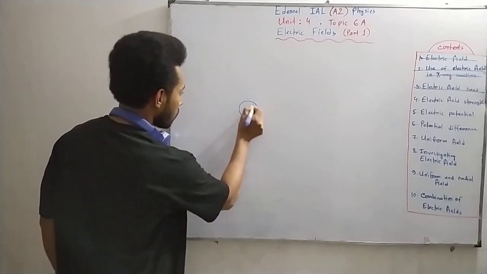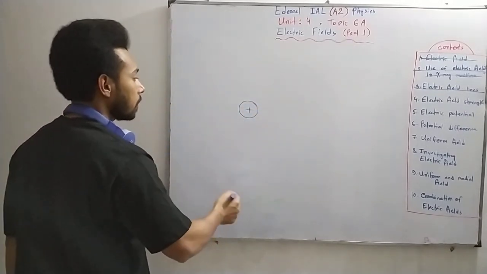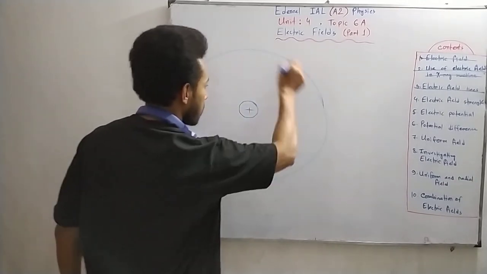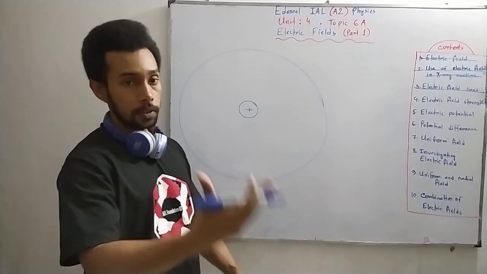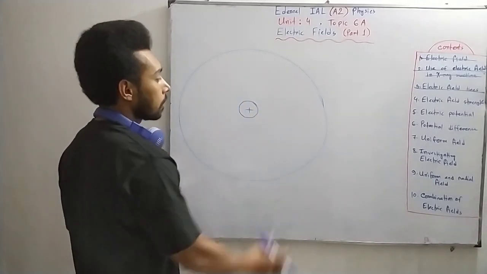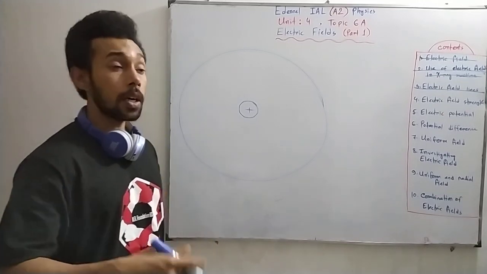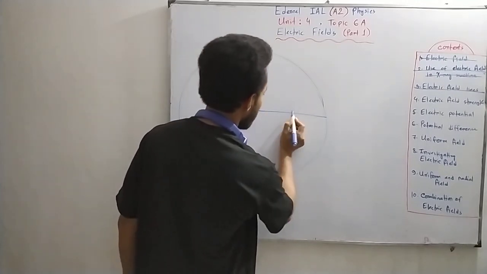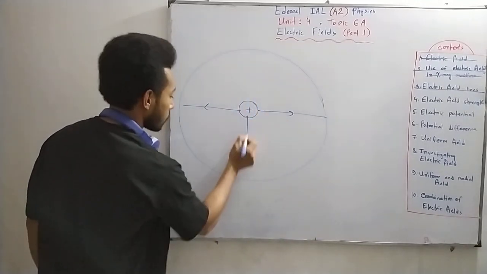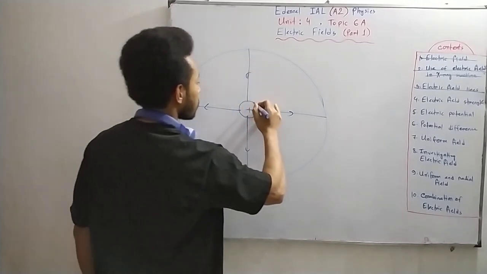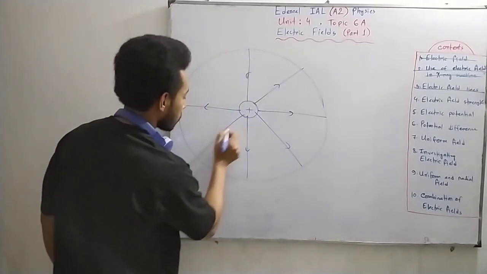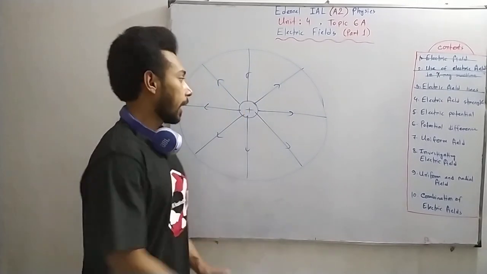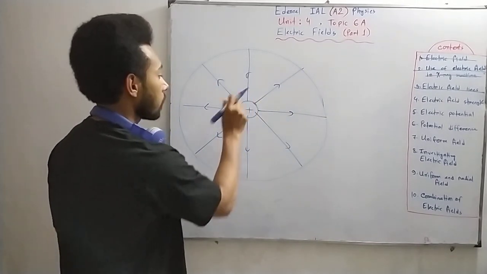Suppose this is a positively charged particle and there will be an electric field around it, a region of space in which other charged particles will experience a force. Since it's positively charged, the direction of the field will be outwards. These are the electric field lines, and this is the electric field for this particle.